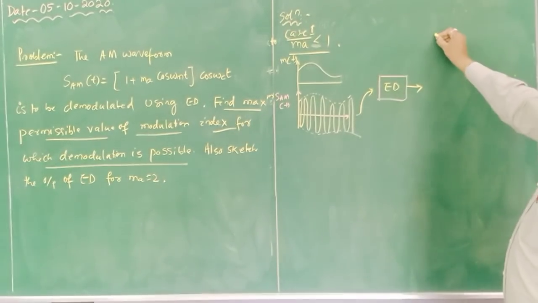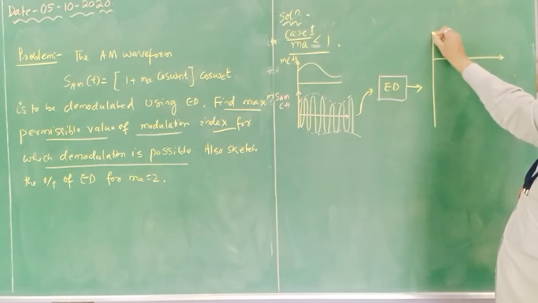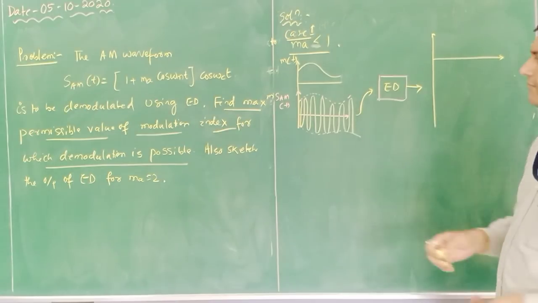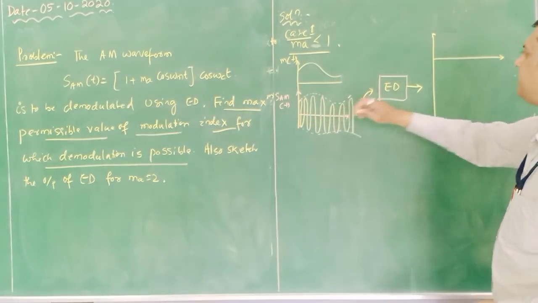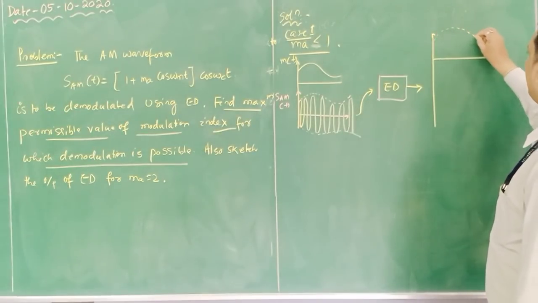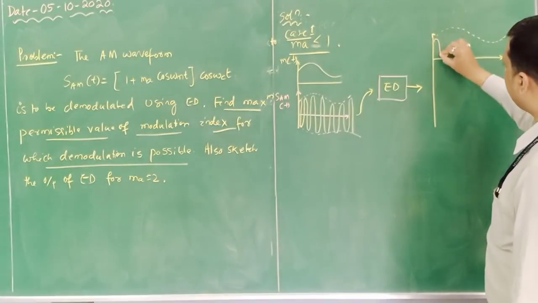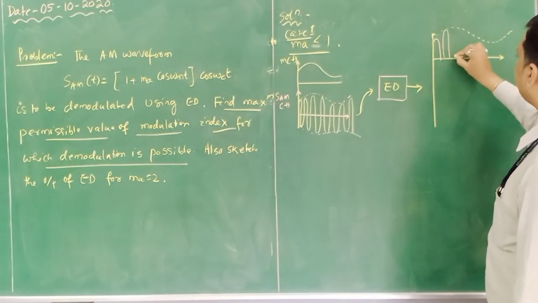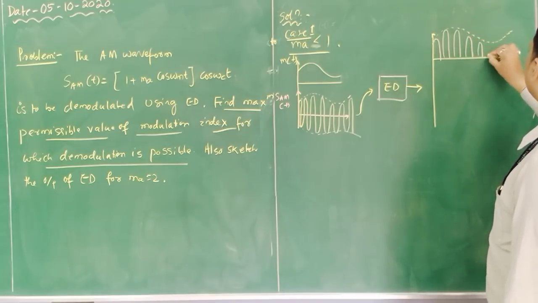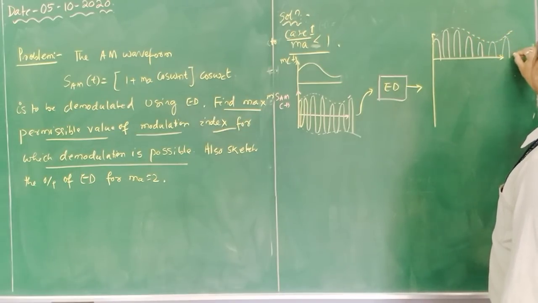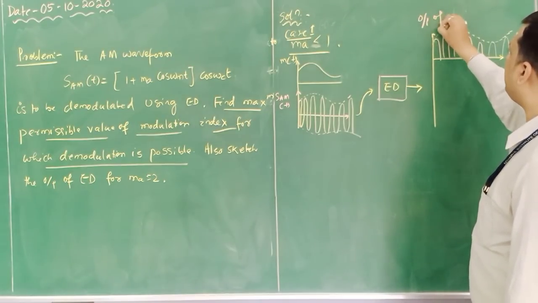The output of the diode means only the upper half is available. So the upper half is available, meaning my waveform will look like this. So this is the output of the diode.